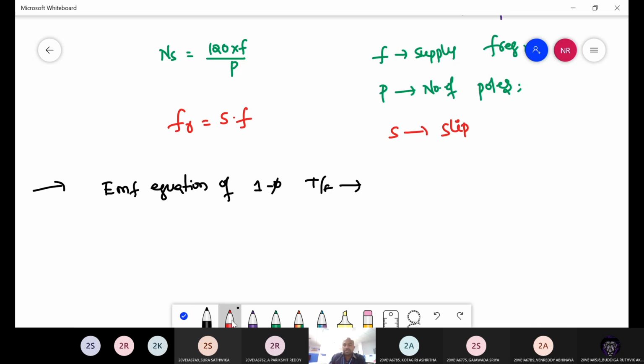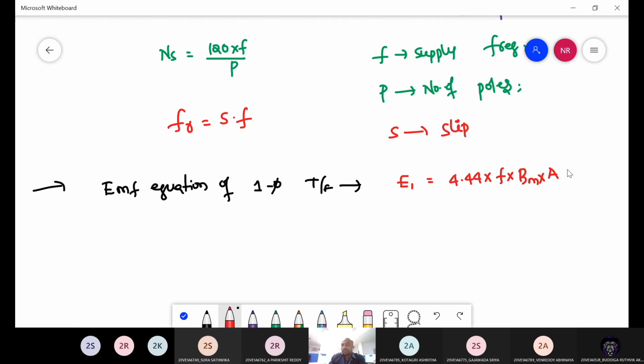We derived that equation. What is the EMF equation of a single phase transformer? For the primary, E1 is equal to 4.44 into F into, you can write phi M, or otherwise BM into A, into N1.